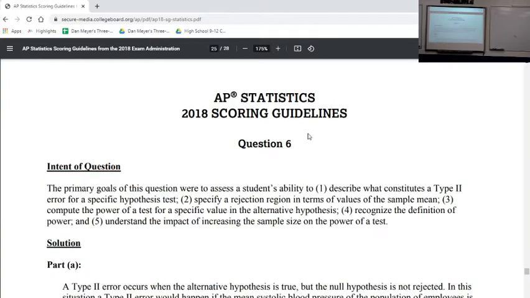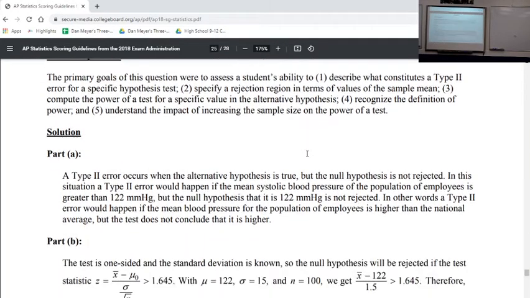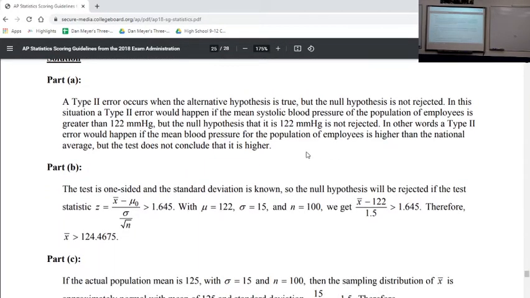Part A asked about type 2 error. It's leading you to power because power is 1 minus the probability of type 2 error. Type 2 error occurs when the alternative is true, but the null hypothesis is not rejected, so failing to reject incorrectly. In this situation, that would happen if we don't conclude that the mean blood pressure is greater than 122, when in fact it actually is greater.